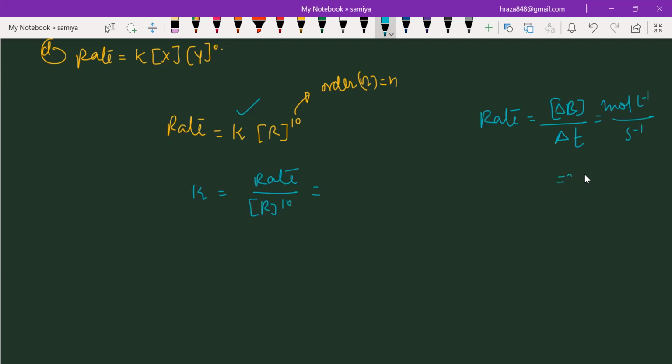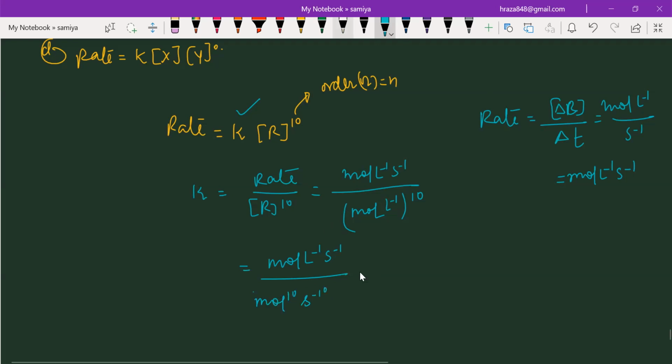So the rate has a unit, mole per liter per second. And this is concentration, so it will have a unit, mole per liter raised to the power 10. Again, in numerator we have mole per liter per second, and in denominator we have mole raised to the power 10, liter raised to the power minus 10. Yes or no? Is it clear up to this?